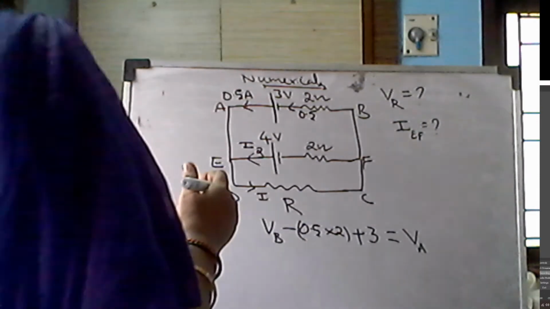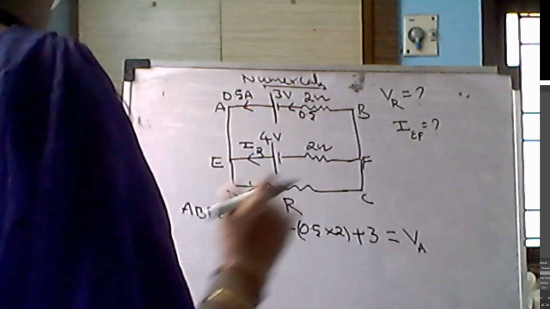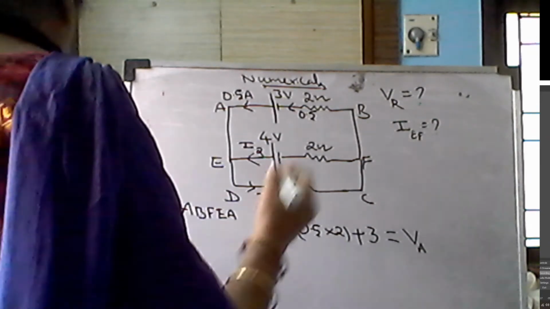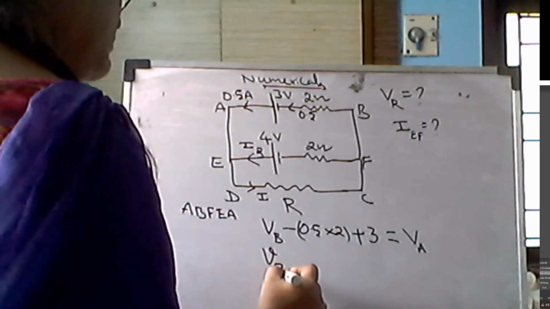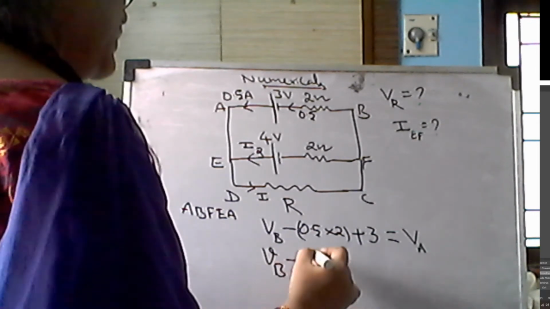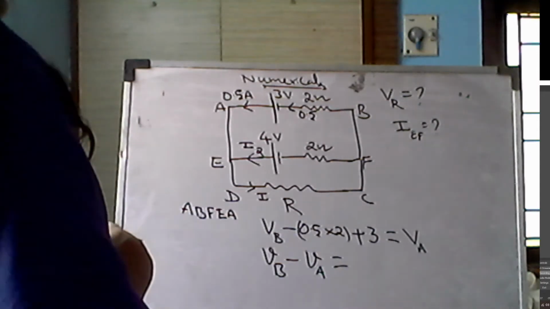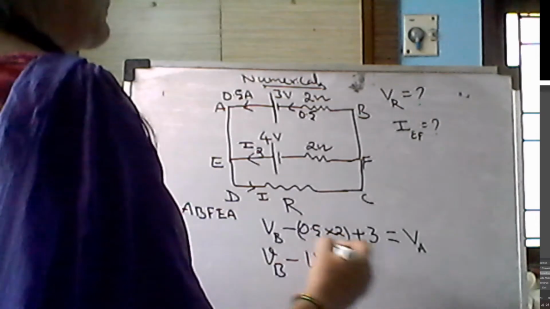So now you can find out the potential drop across R. That is VB minus VA, equal to what are you getting?